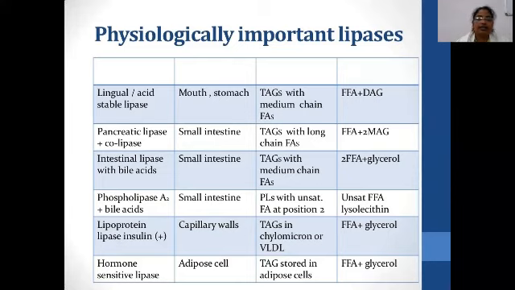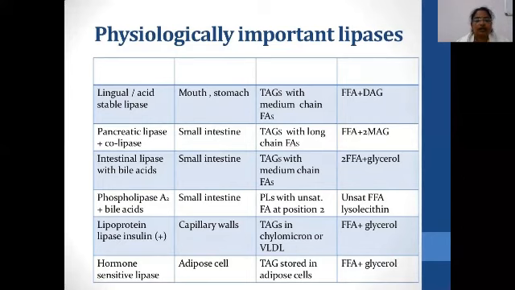Pancreatic lipase and colipase, from the small intestine, act on triglycerides with long chain fatty acids. Then it also acts, giving rise to free fatty acid and diacyl and monoacyl glycerol.